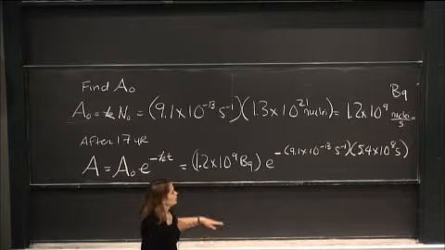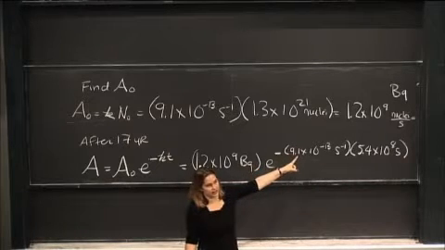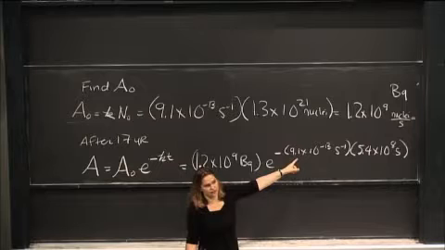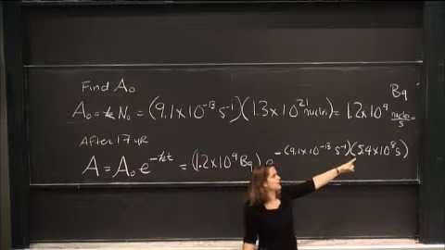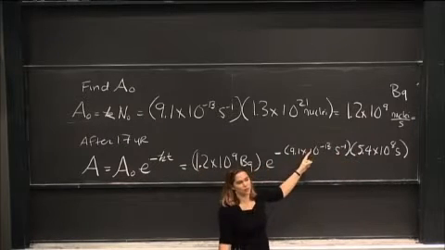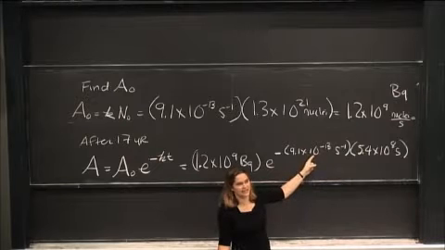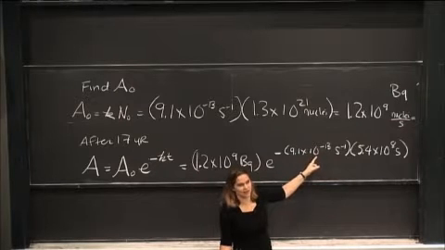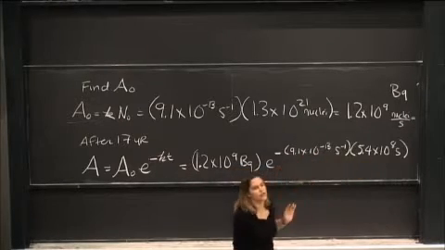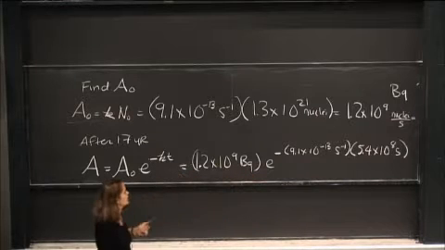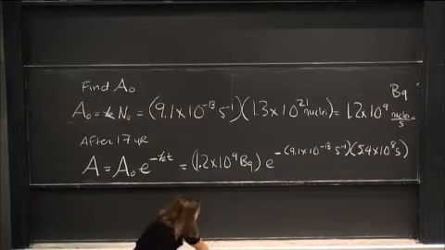So here, we want to make sure that our units are going to cancel. And this is where people often run into problems. They'll plug in 17 years and then a rate constant, which was calculated in seconds, and things will not cancel appropriately. So make sure that you get your units consistent so that your seconds are going to cancel.